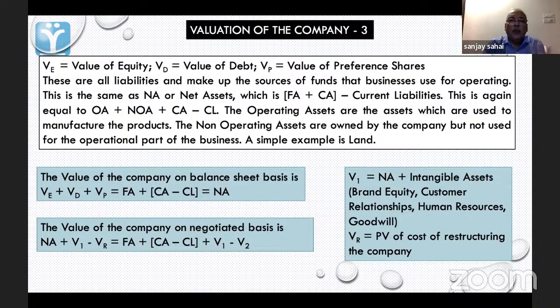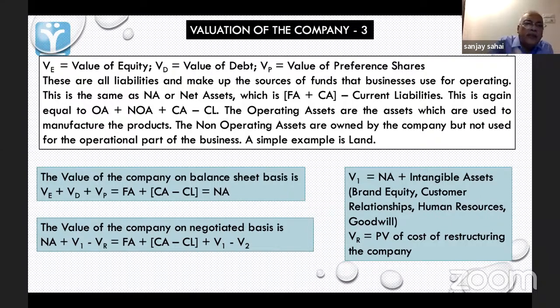So basically, what I've tried to tell you here is that we can see different ways of valuing a company. And from the most simple ones, where we were talking about book value, liquidation value, replacement value, reproduction value, we looked at this sort of thing. And then we looked at ways of looking at intangible assets, goodwill, that part.